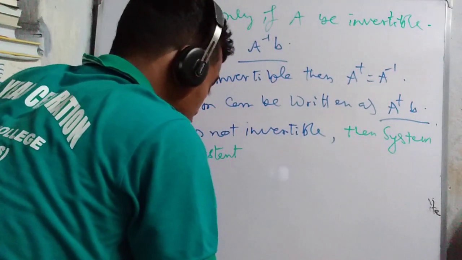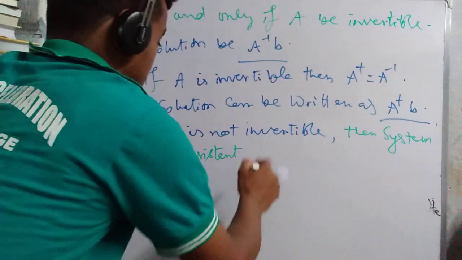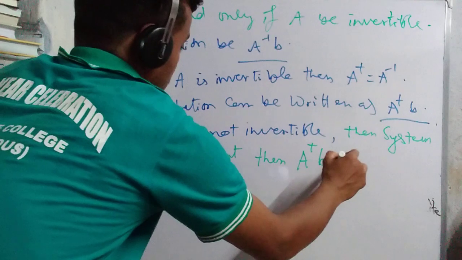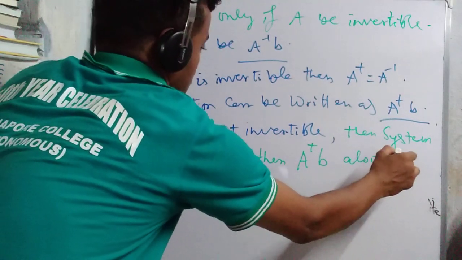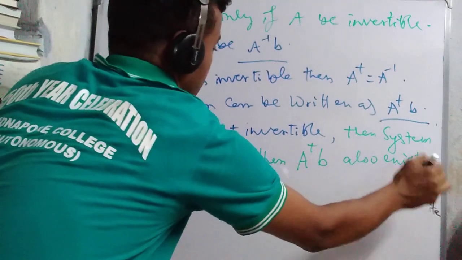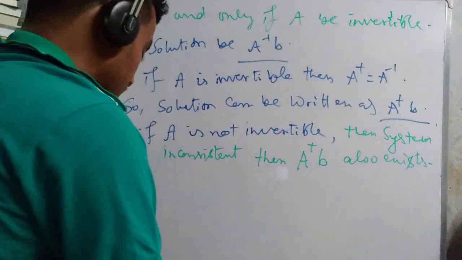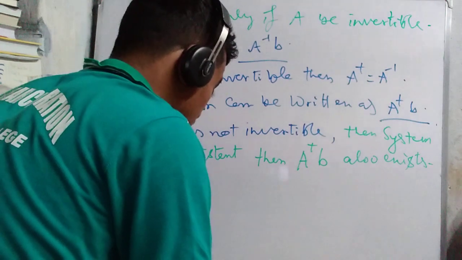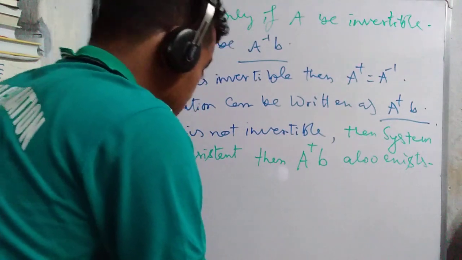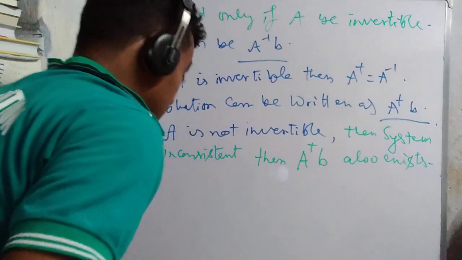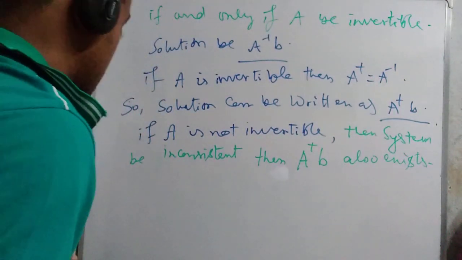That means solutions do not exist, but A dagger B also exists. Understood? That means we can find A dagger B, but here solutions do not exist. So what does A dagger B relate to in the system of equations?